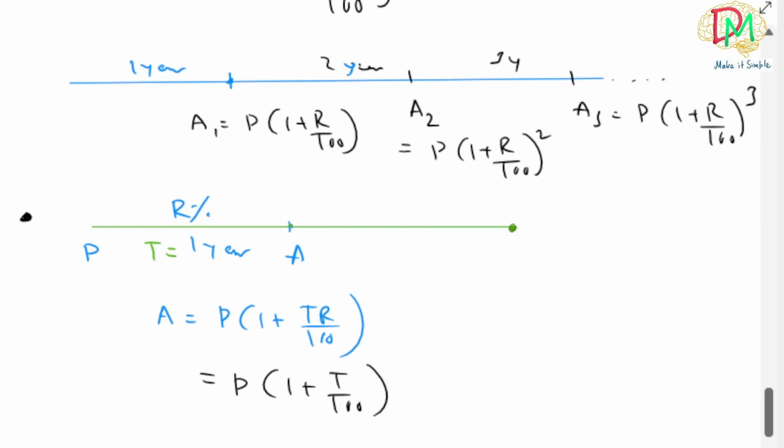And after 2 years, the second year, suppose the amount is A1. It will be considered changed: we replace this P with A1. So A1 into (1 plus r by 100).